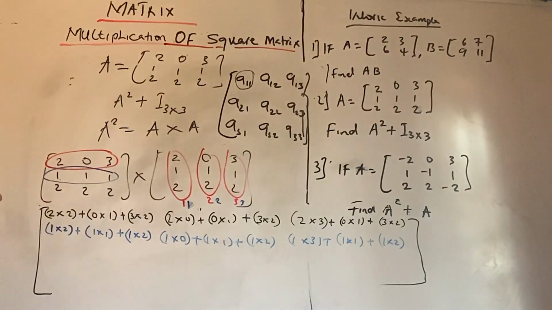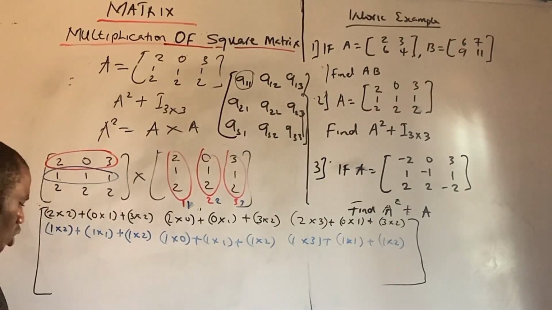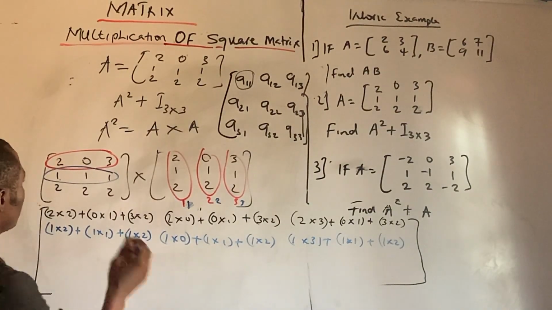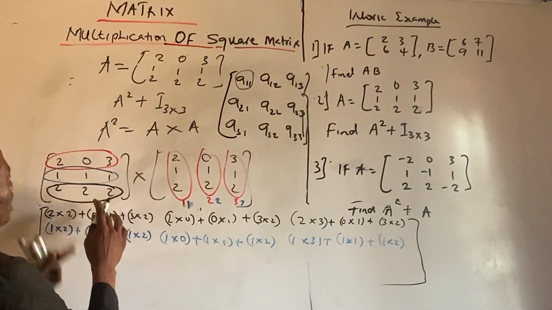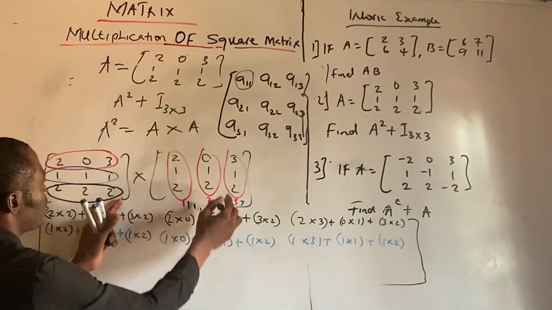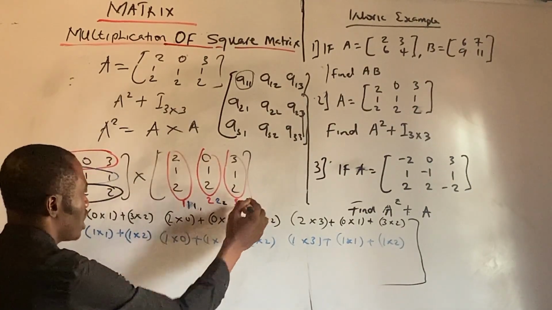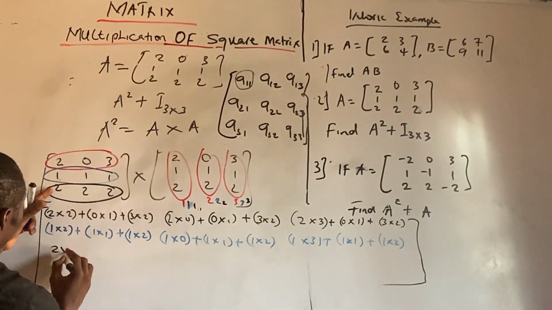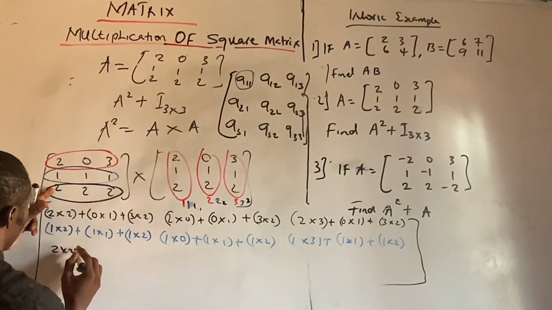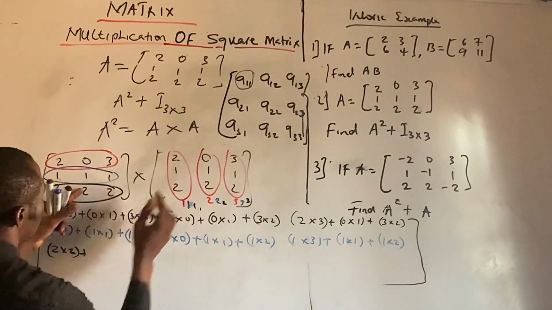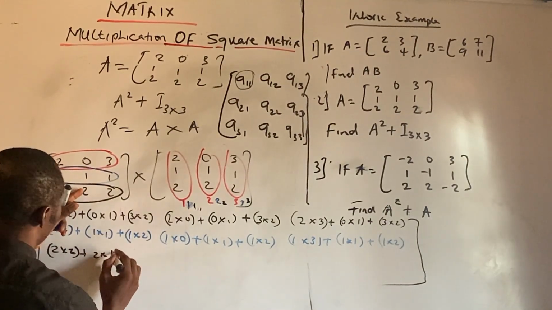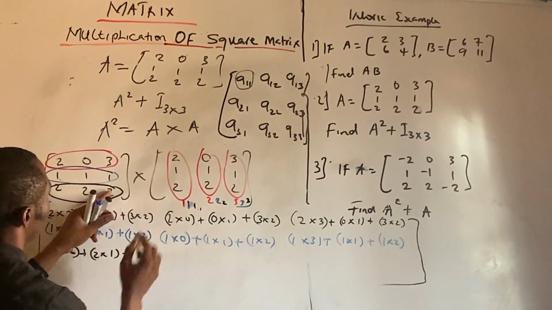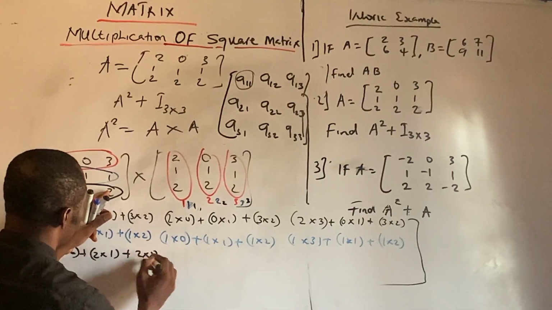All right, so we are through with that. For the last one, let me use a black pen. We do it with the first one, the second one, and the third one. So let's go: 2 times 2 plus 2 times 1 plus 2 times 2.